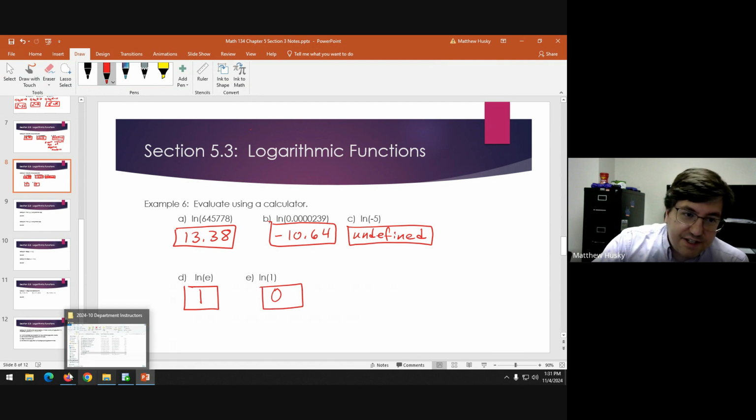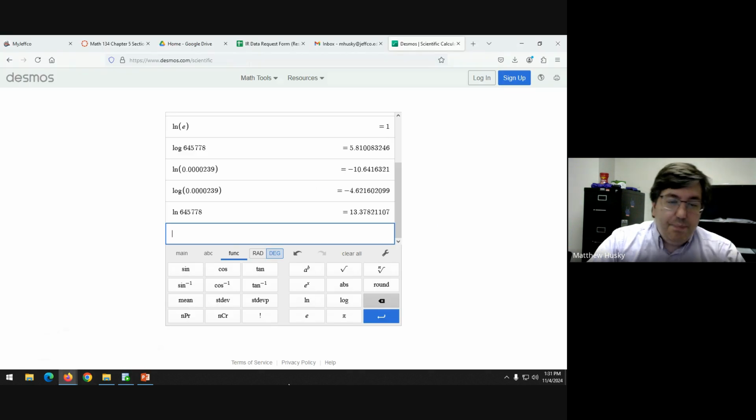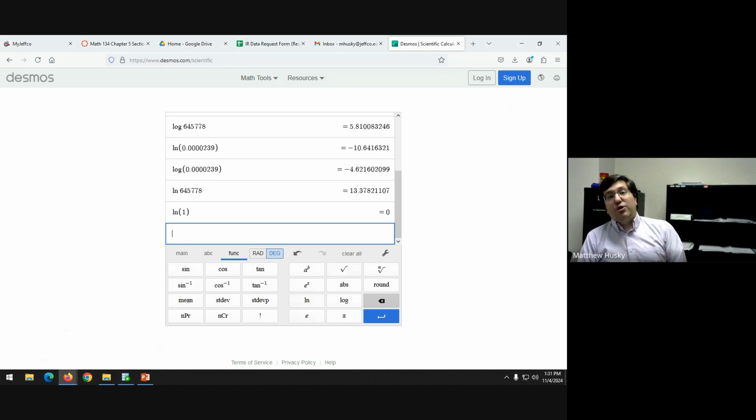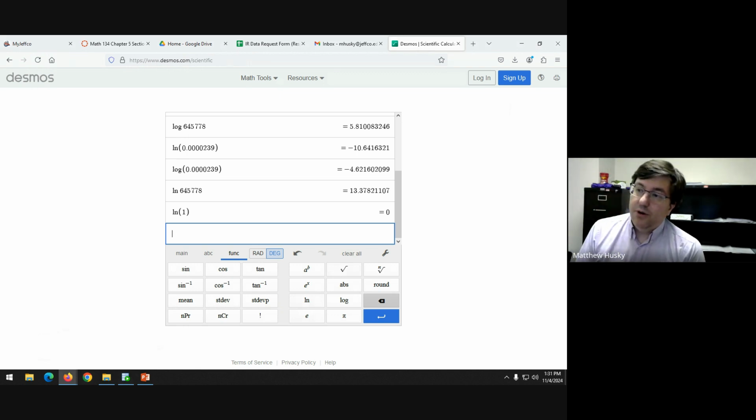Because the question this is answering is, what power do you need to turn it into the number inside? And if you're going to do a logarithm and your goal is to get 1, the power would be using the 0 power to turn that base into 1.